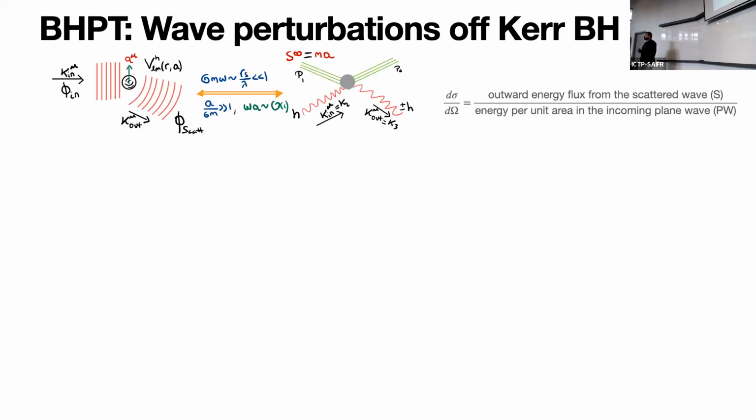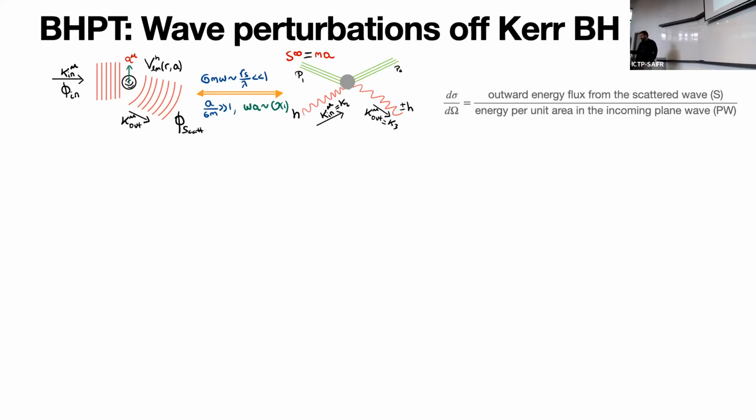So what we want to compute basically is the differential cross section for this scattering process, which is given by the outward energy flux for the scattered wave normalized to the energy flux per area of the incoming plane wave.